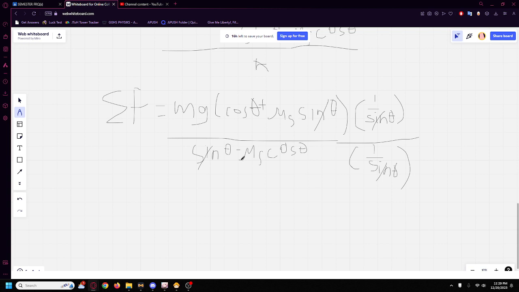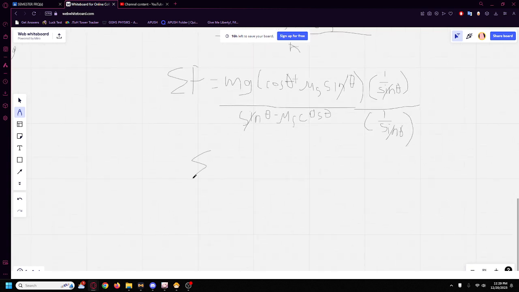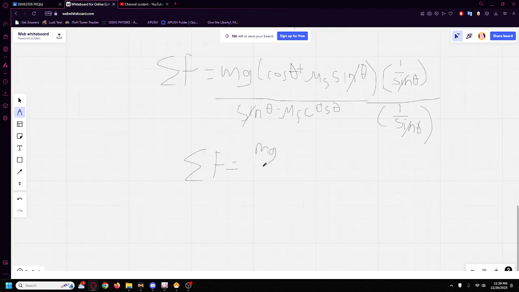It makes it 1 actually. This will also be 1, it should be mu s. So net force is equal to mg. This is now cosine over sine, which is cotan theta plus mu s gets the sine cancelled out, divided by the sines cancel out, so it'll be 1 and this will make it cotan. So 1 minus mu s cotan theta.